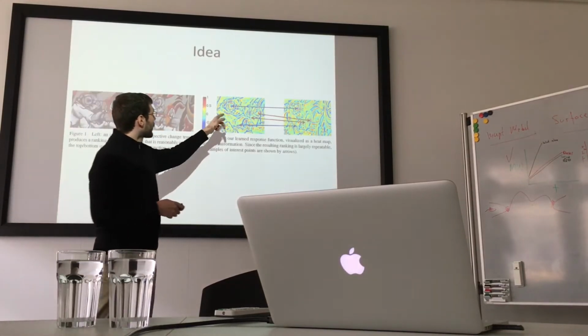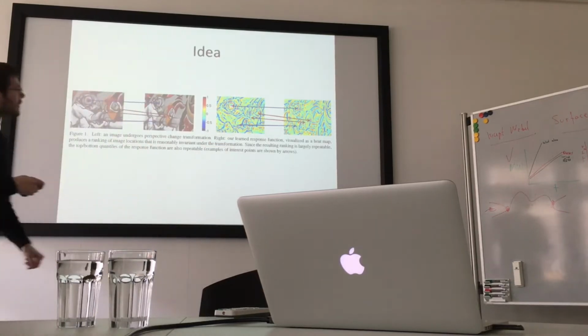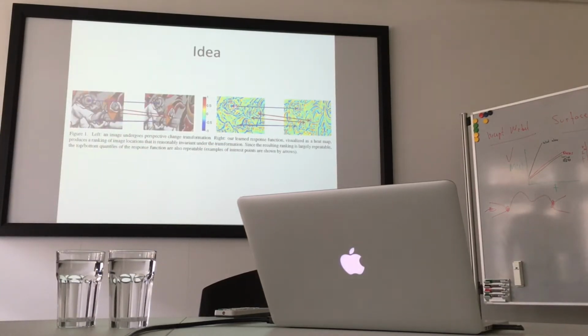You see that this dark blue, this eye of the animal, is actually blue in the right image as well. So you want this assignment to each pixel to be reproducible, in the sense that extrema of this assignment are also reproducible. This will be formulated as a ranking problem.